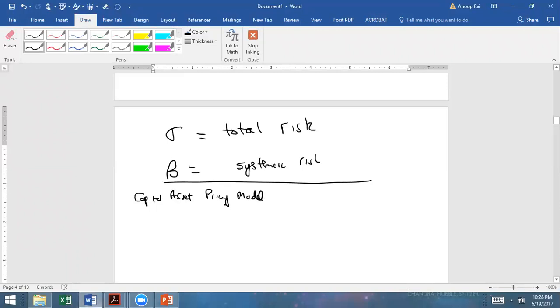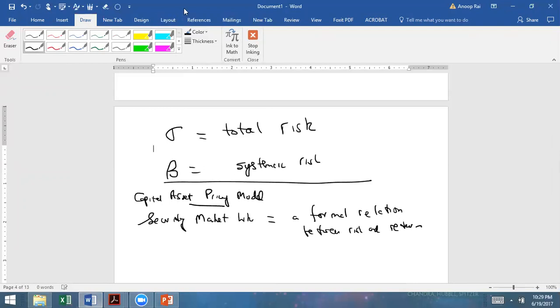Based on the capital asset pricing model, we're going to derive the security market line, and that basically gives us a formal relation between risk and return.